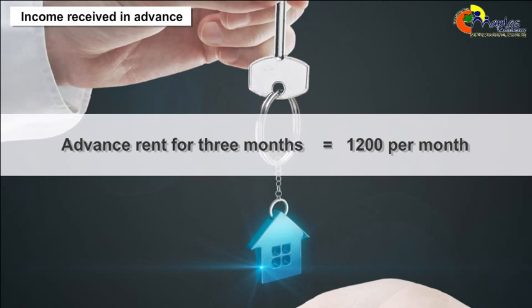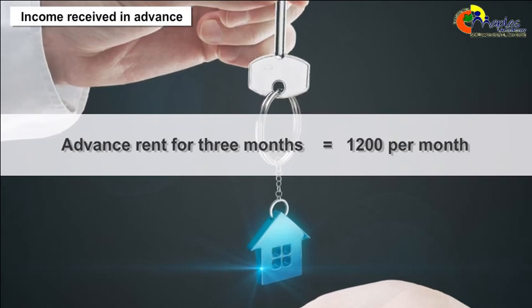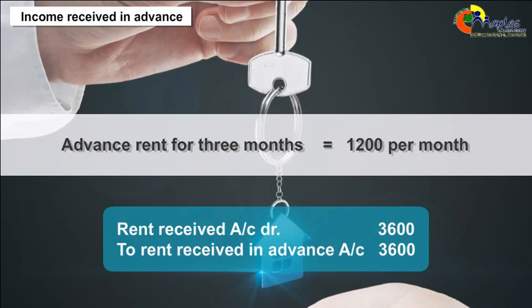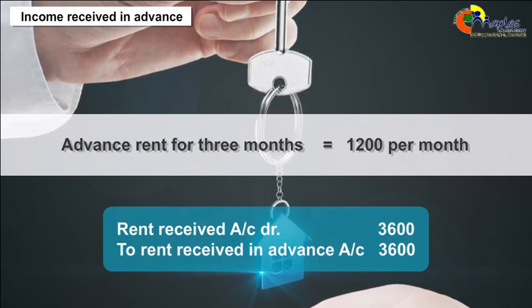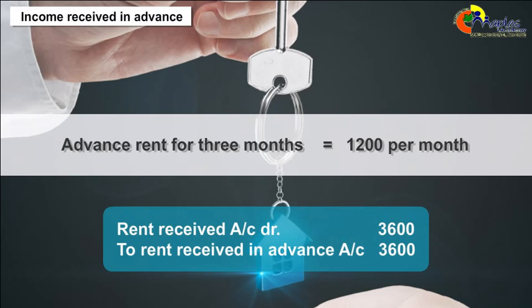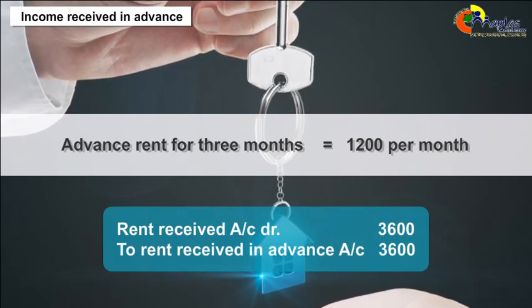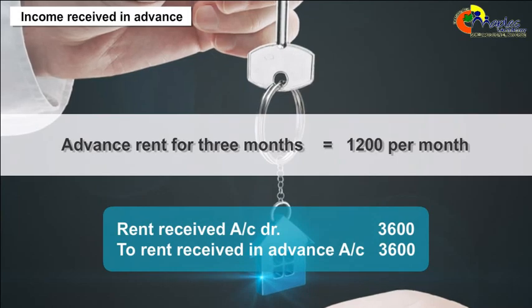So that advance rent will be recorded like this in the journal books of accounts: Rent received account debited 3,600 to rent received in advance account 3,600, and it will be shown as a liability in the balance sheet.